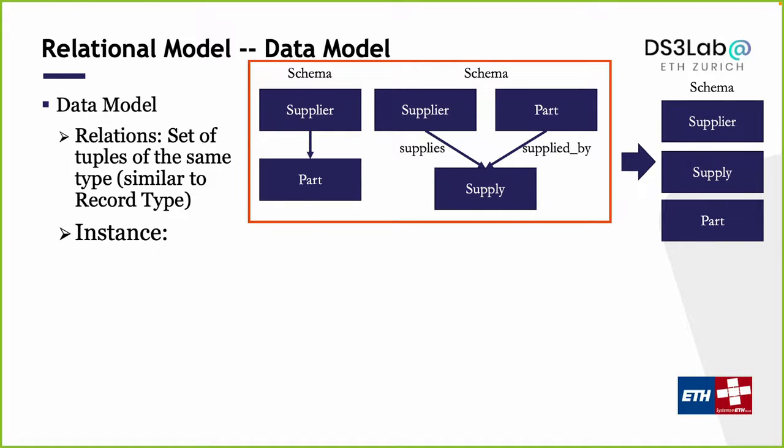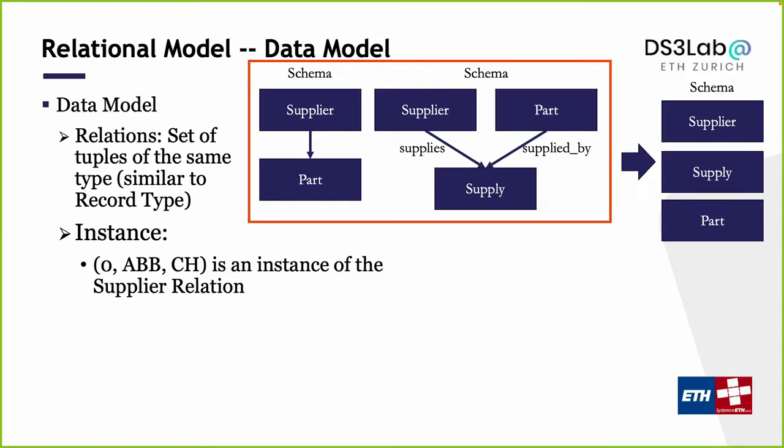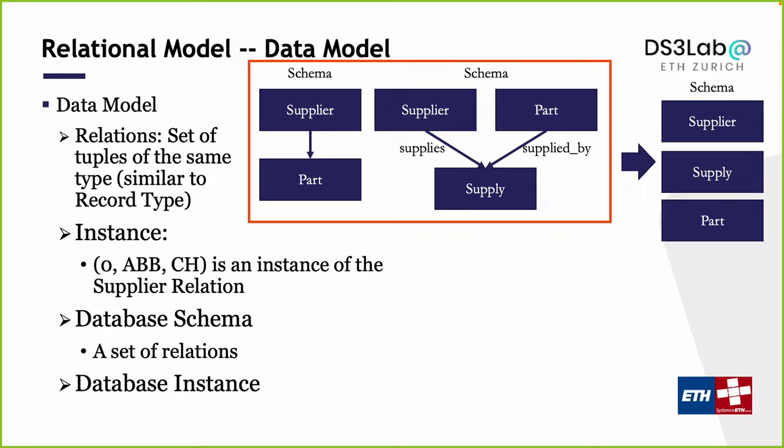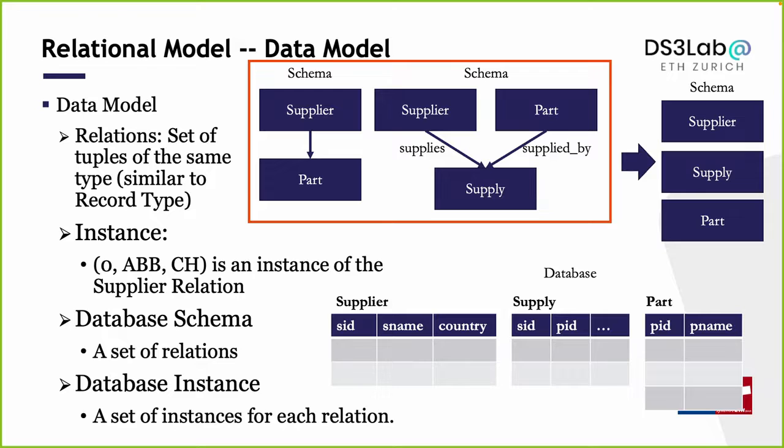And a database instance, right? If you look at a relation, it contains a set of tuples. For example, if you look at the supplier relation, one potential tuple could be this ABB tuple. You can have other tuples. So a database is a set of relations. Each relation has a set of tuples. You can think about this as organizing your data as a whole bunch of tables.